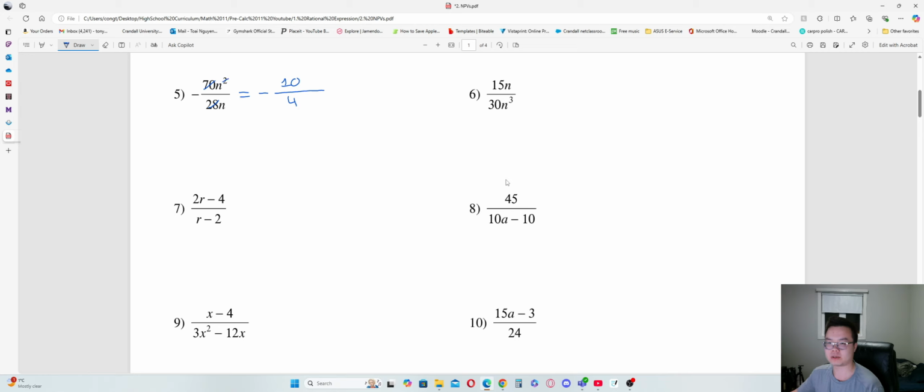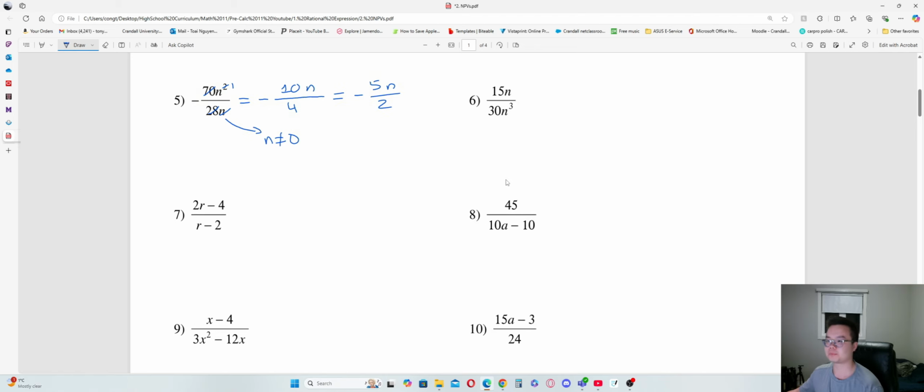I will have n squared over n, n cancels out, so I have minus 10n. Now I can simplify further by dividing by 2, then I'll have minus 5n over 2. And my n is not equal to 0 because the variable given in the question is n, so I will say n is not equal to 0.